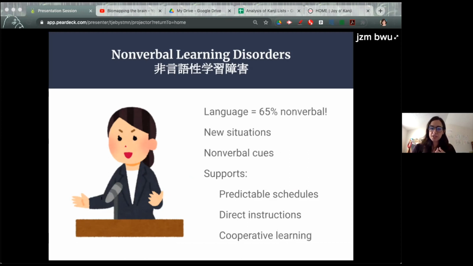But predictable schedules, taking the guesswork out of communication by being predictable, by having very clear and direct instructions, helps enormously. Don't ask students to infer what you expect of them. And I know that culturally that can be tough, because in both American and Japanese cultures, there are aspects of communication that we don't want to clearly line out because it feels rude.